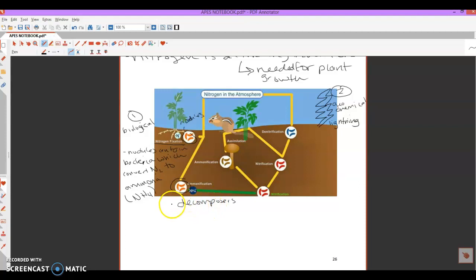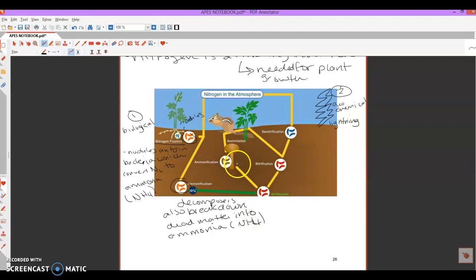So decomposers also break down dead matter into ammonia. Remember, this is NH4. Okay?